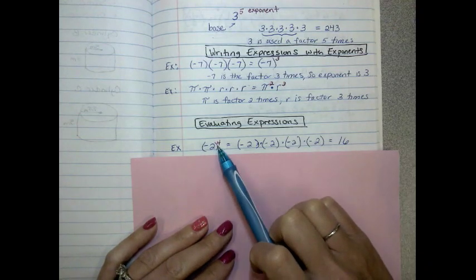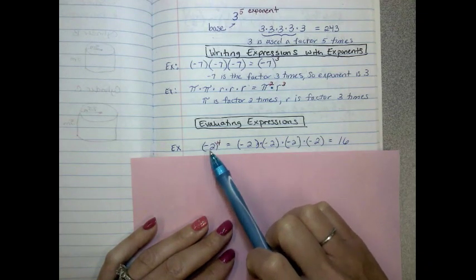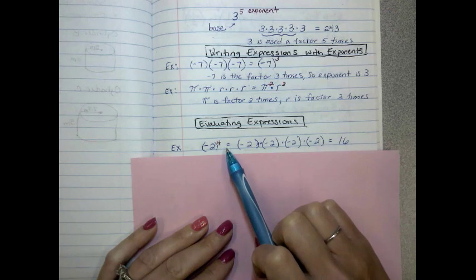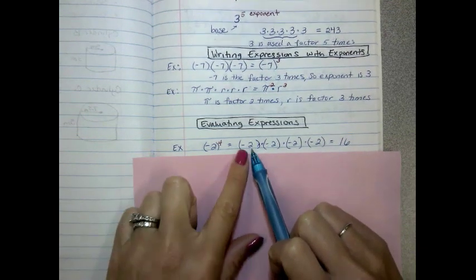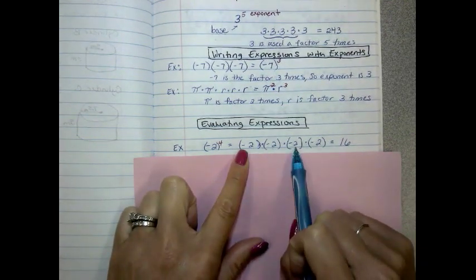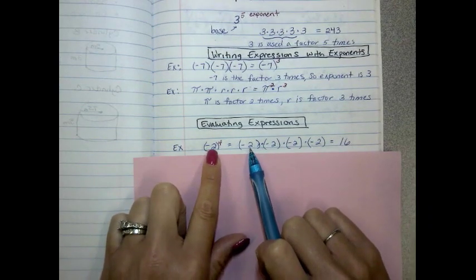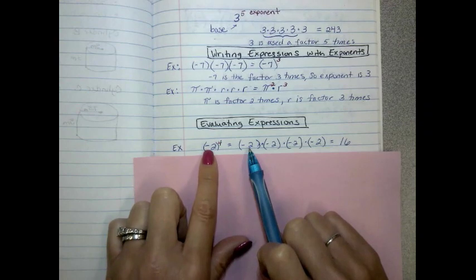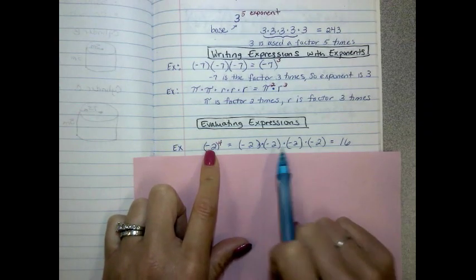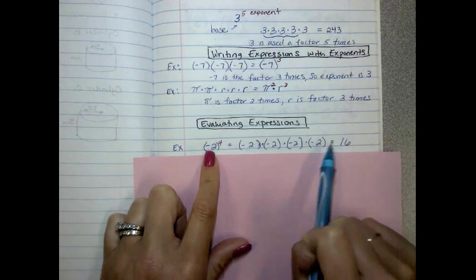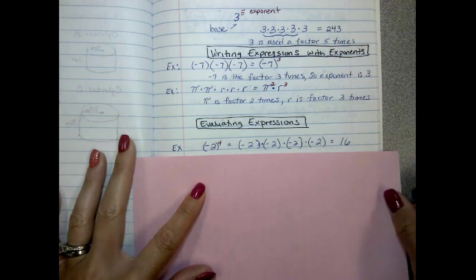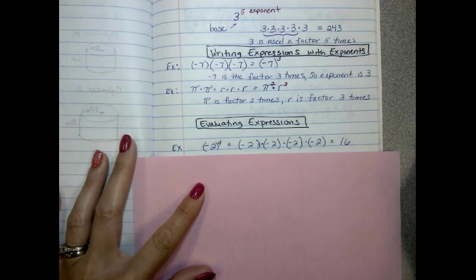Negative 2 to the 4th power. Negative 2 to the 4th is the same as negative 2 times negative 2 times negative 2 times negative 2. Our base is negative 2, and that is a factor 4 times. So I expand that to negative 2 times negative 2 times negative 2 times negative 2, which is positive 16. Remember your rules.